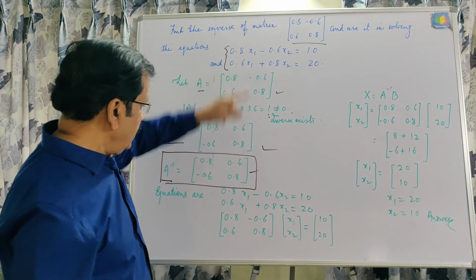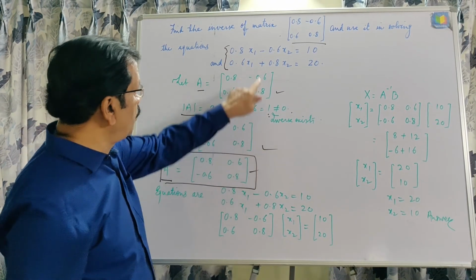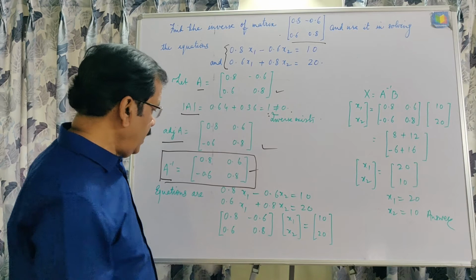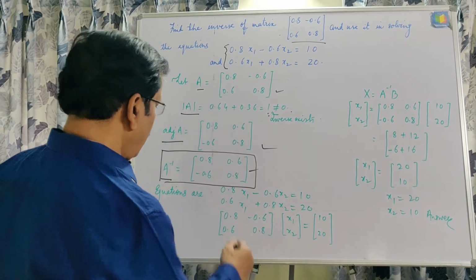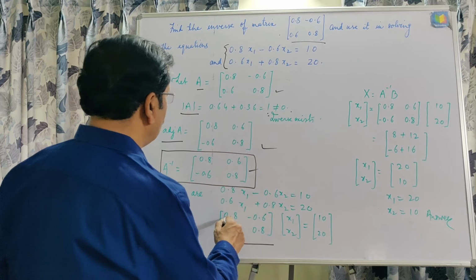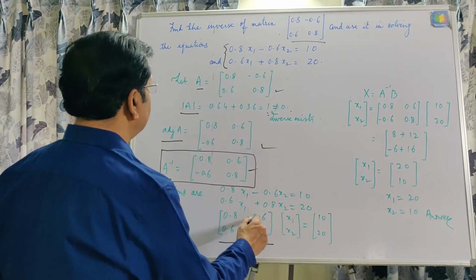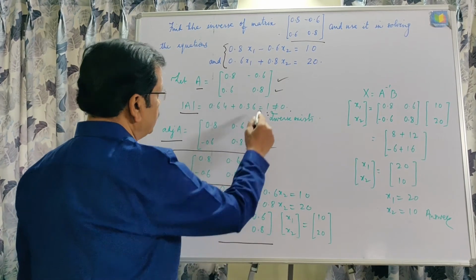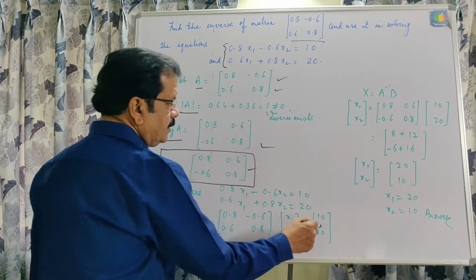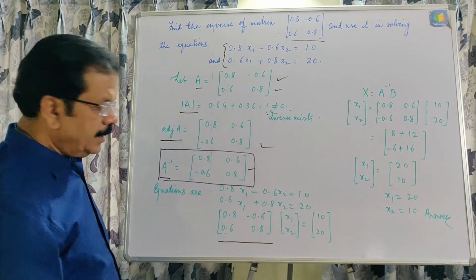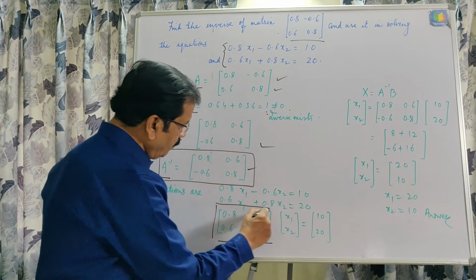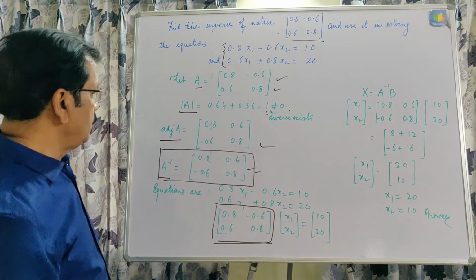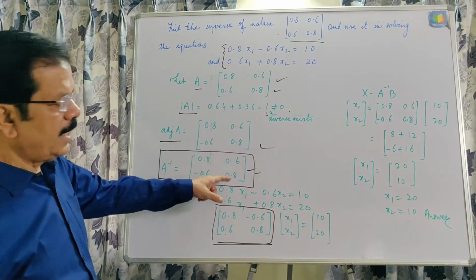Okay, now write the equations. In equations 0.8, minus 0.6, 0.6 and 0.8, Ax is equal to B, and after writing this we are getting 0.8, minus 0.6, 0.6 and 0.8, and x is equal to B. That is why we find the inverse of this, which we already got here, that is 0.8, 0.6, minus 0.6 and 0.8.